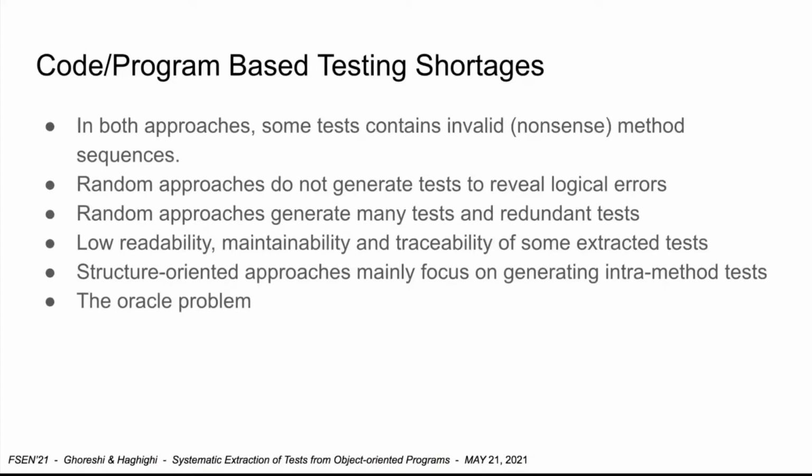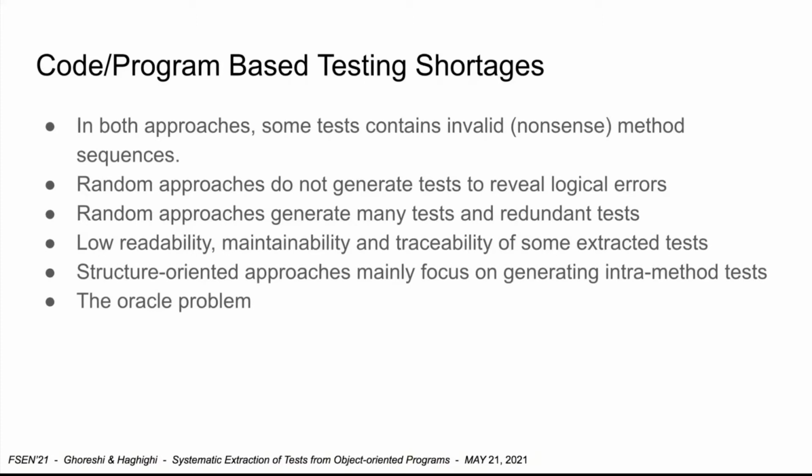As for the program-based testing shortages, I mentioned some of them. Random approaches generate many tests and redundant tests. Also, I mentioned that these tests are not readable, maintainable, or traceable. And the structure-oriented approach mainly focuses on generating intra-method tests.